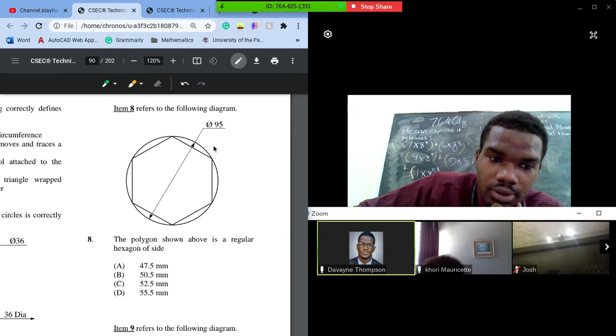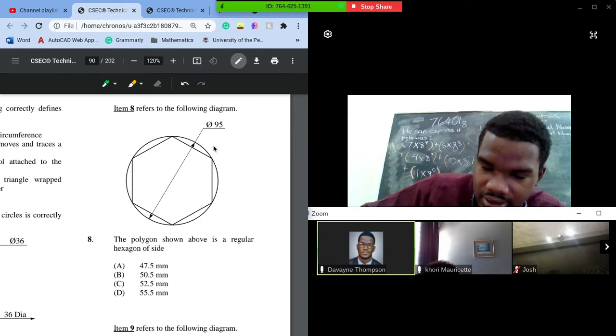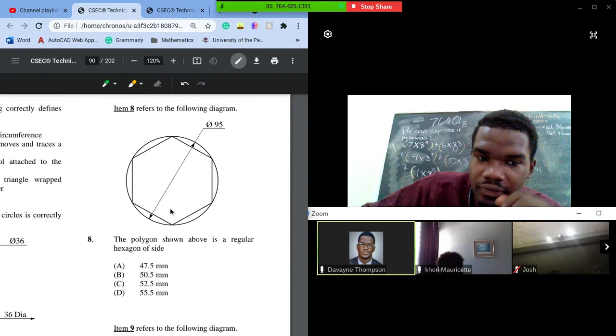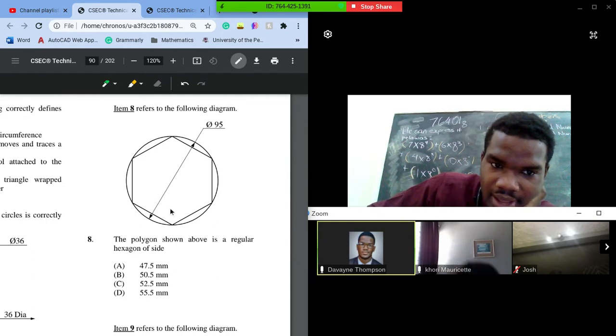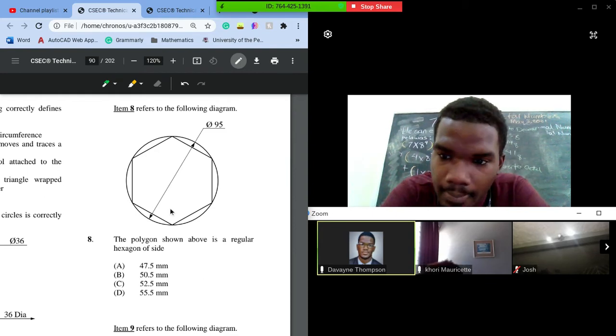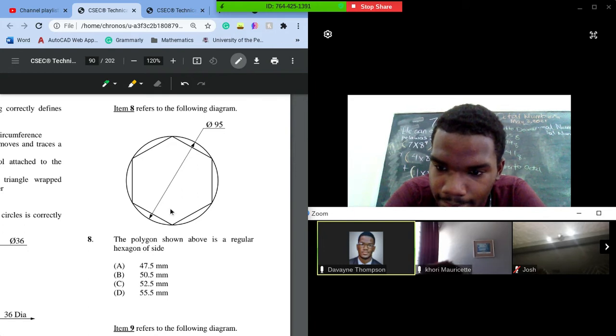Okay, 1, 2, 3, 4, 5, 6. 6 sides. So it shows a hexagon, therefore. And the question is asking you, what is the length of each side? If the diameter is 95, how would you find the length of each side? Anybody recalls? Yes, sir.